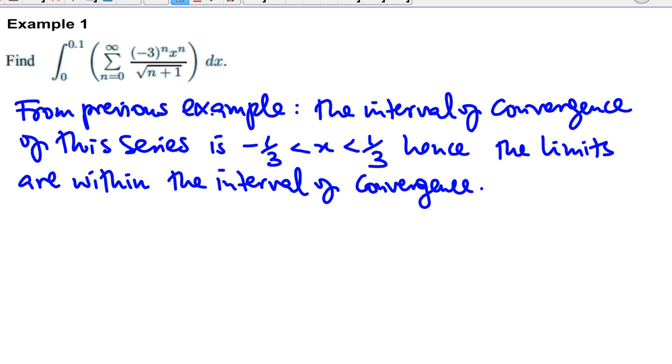Okay, so now we can go ahead and find the integral, 0 to 0.1 of this series.